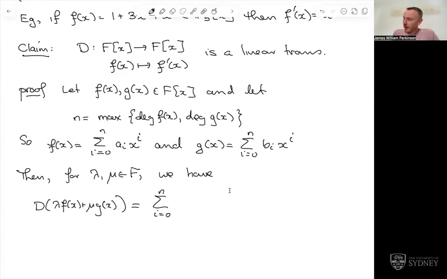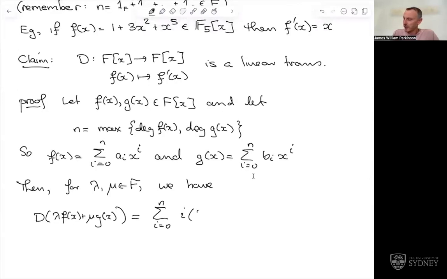Oh, no, that's right. I, and then I do lambda a_i plus mu b_i, x, and I bring the power down by 1. Okay, that's just the definition of the formal derivative.